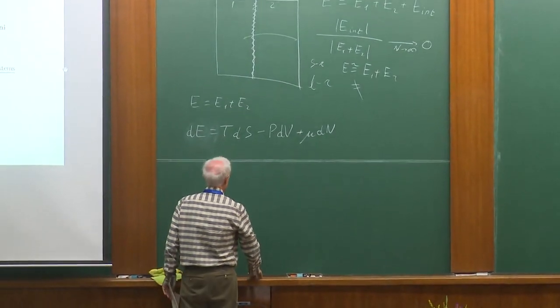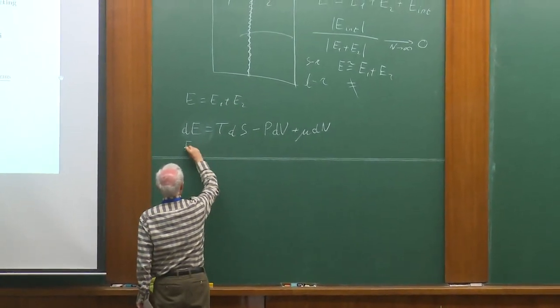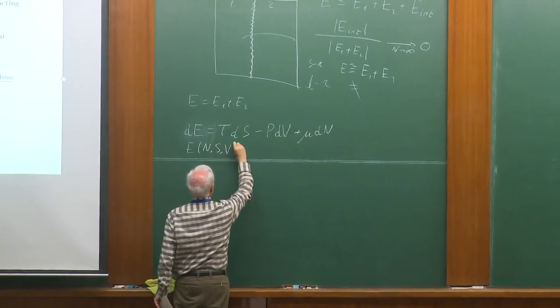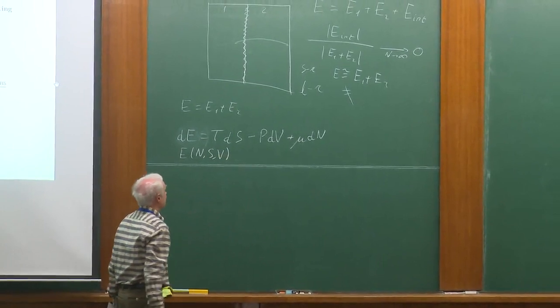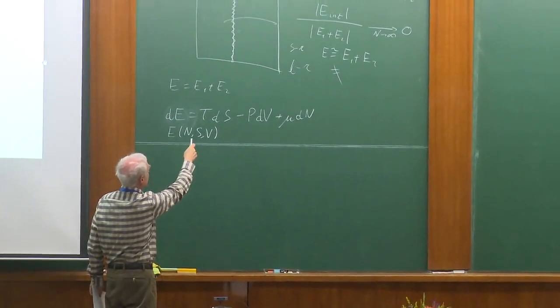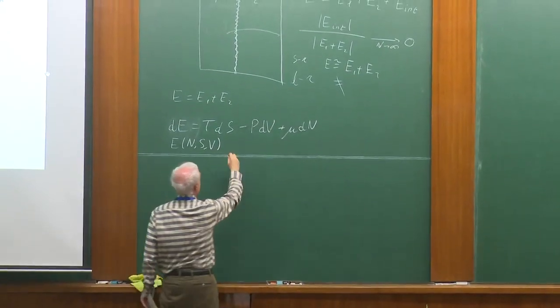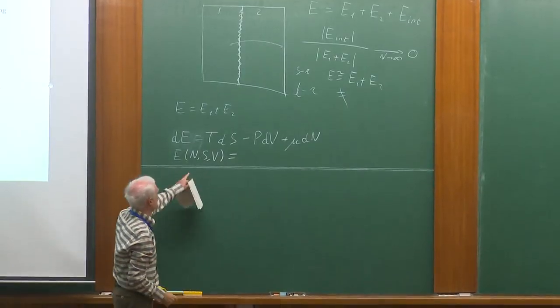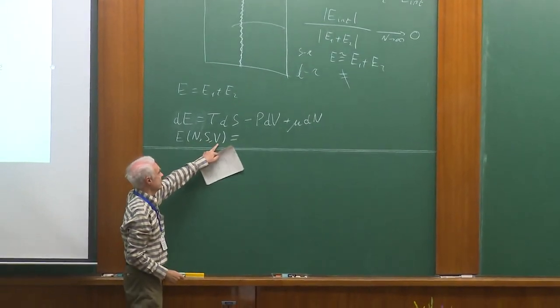So let me write this. That property, a very important property, has this consequence, that the energy is seen as a function of these extensive variables.